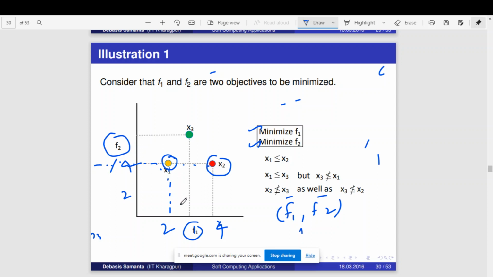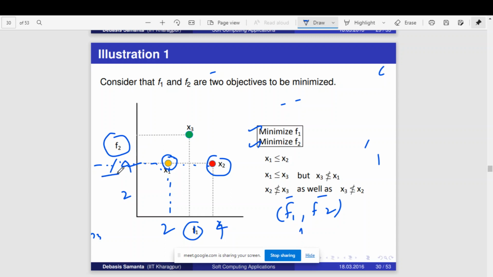Yes. And so condition 1 is satisfied. What about condition 2? It should be better than x2. So with respect to f1, can you say that x1 is better than x2? Yes, because it is minimization, so x1's value is less than x2. So x1 is better.